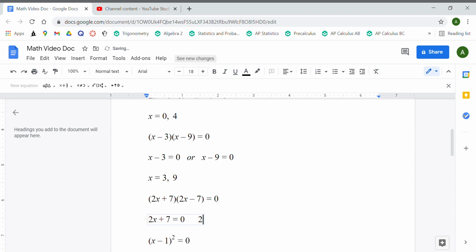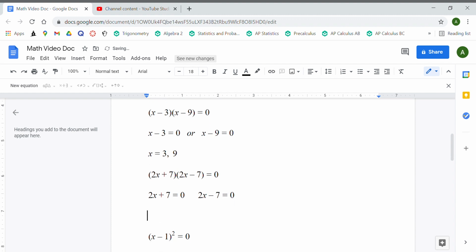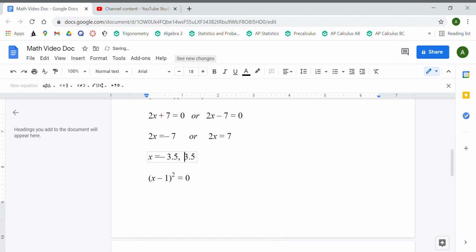So 2x equals negative 7, or 2x equals positive 7. Then your following answer should be this. Negative 3.5 or positive 3.5.